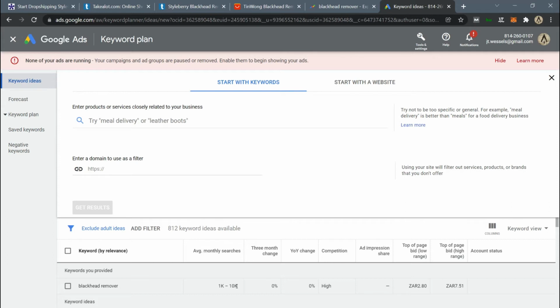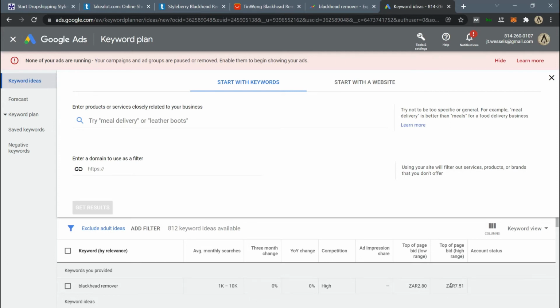That is very good. So say, for instance, the average is 6,000 searches a month, and 1,000 clients get to your site and buy your product, for a profit margin of 100 rand, that's a lot of money that you can make.